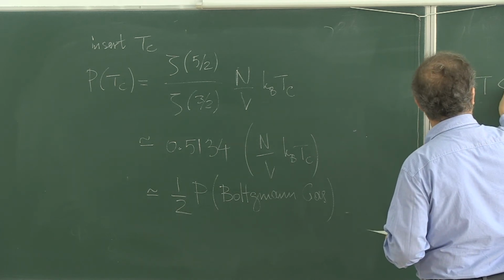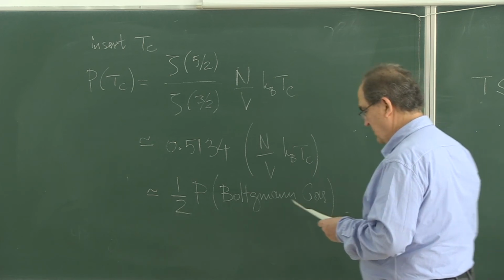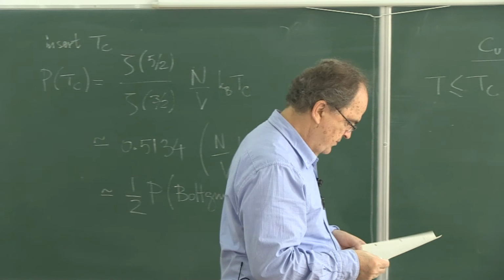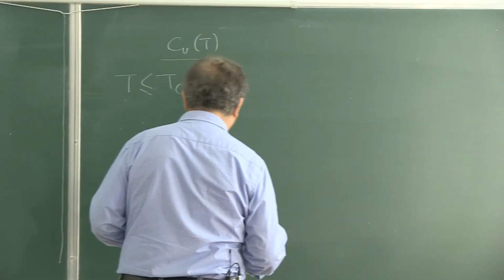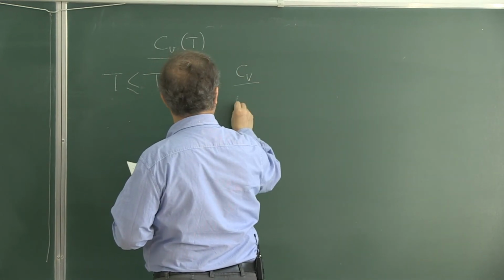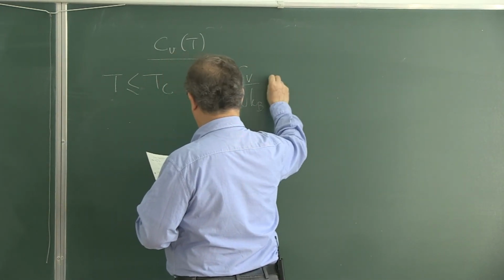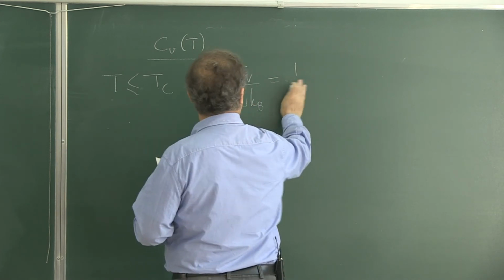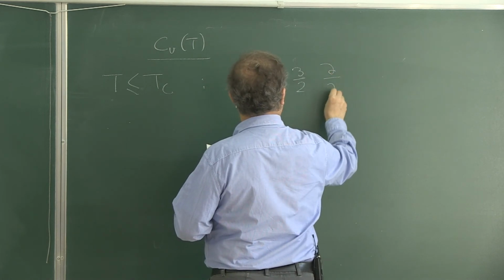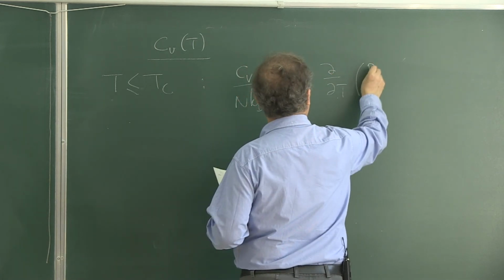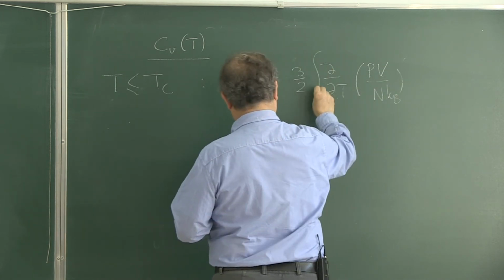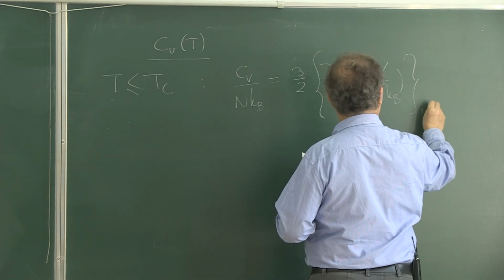For T smaller than or equal to Tc, that means condensation, we have to use the following, Cv over NkB, 1 over NkB, we have written this before, 3/2 d/dT of PV over kB, keeping the volume constant.